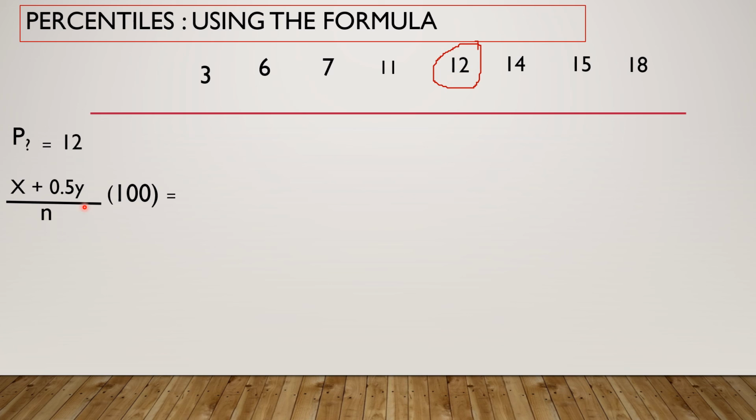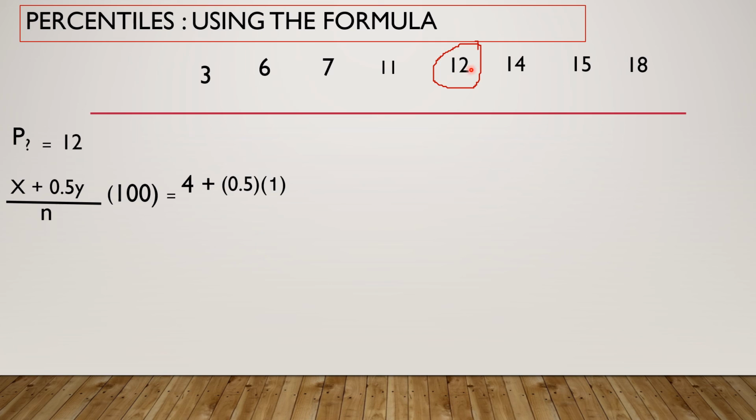And what is the value of Y? Y is how many 12s there are in the list, and since there is only one here, the value of Y is 1. Let's substitute that. So 4, again 1, 2, 3, 4, there are 4 numbers below this score, plus 0.5 times 1.